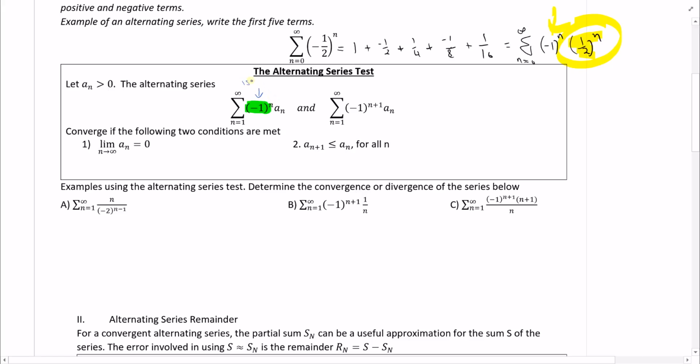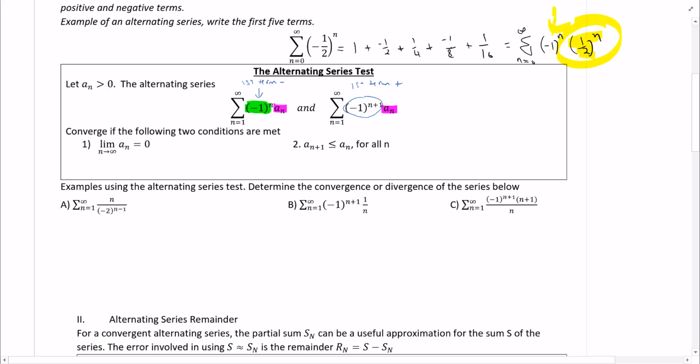This will make the first term negative, because if you plug in a 1, you're going to get a negative here. And this one makes the first term positive, because if you plug in a 1, you're going to get negative 1 to the second power, which makes it positive. And then what you have here is just the formula for your nth term.